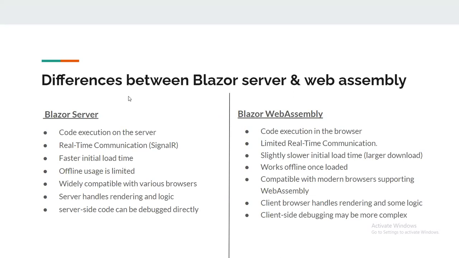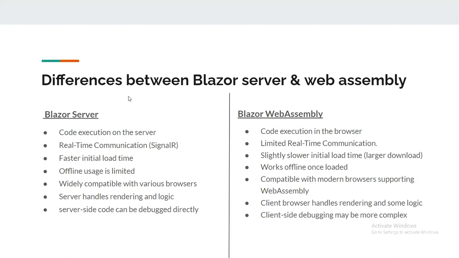In the case of real-time communication, it is through a SignalR connection, as I mentioned already, but in Blazor WebAssembly, it is limited real-time communication. Talking about the initial load time, in Blazor Server it is faster, but in Blazor WebAssembly it's slightly slower compared to Blazor Server.